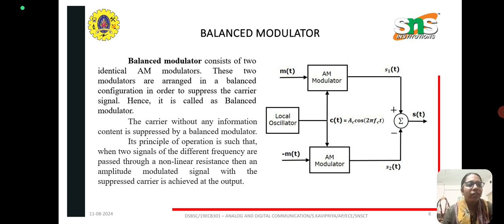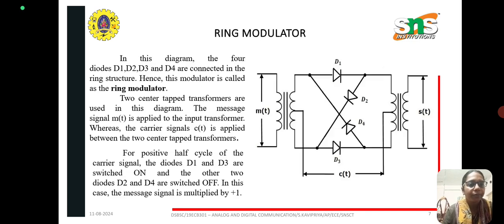The carrier, without any information content, is suppressed by the balanced modulator. Its principle of operation is that when two signals of different frequencies are passed through a nonlinear resistance, an amplitude modulated signal with a suppressed carrier is achieved at the output.